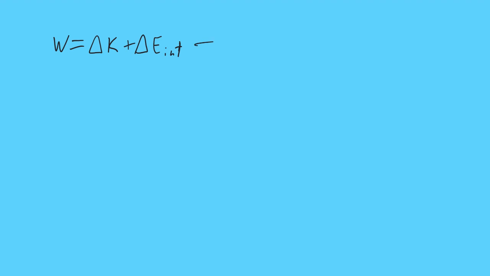It also writes it out as work minus the force of kinetic friction multiplied by the displacement is equal to the change in kinetic energy. So one way to think about this is that there's work being done in the system, but if we take away the work done by friction, then we're going to be left with the kinetic energy of that system. So let's consider the example on page 194, example 8.5.